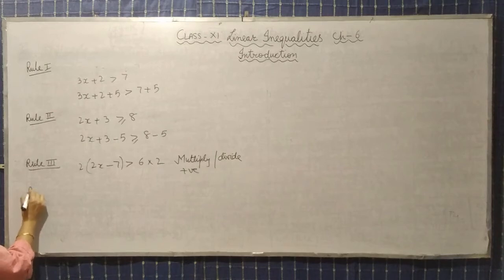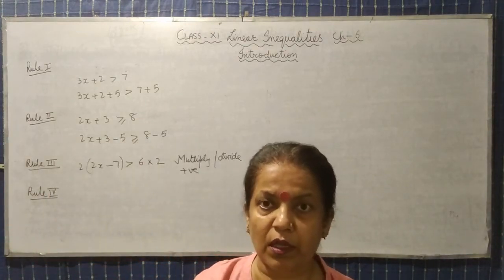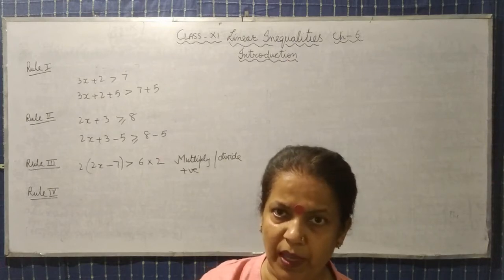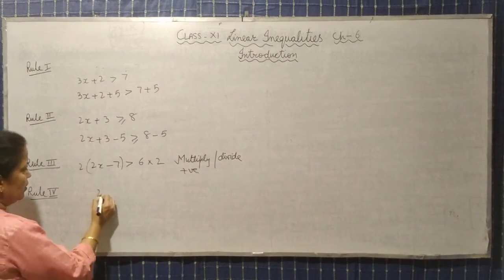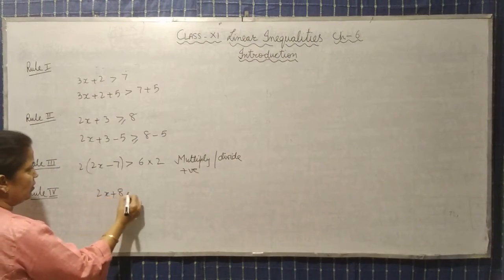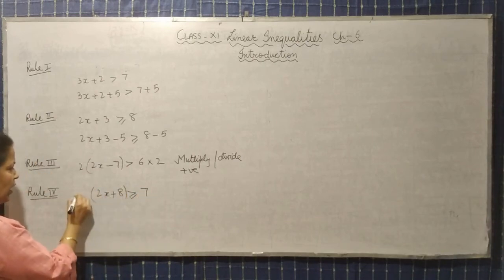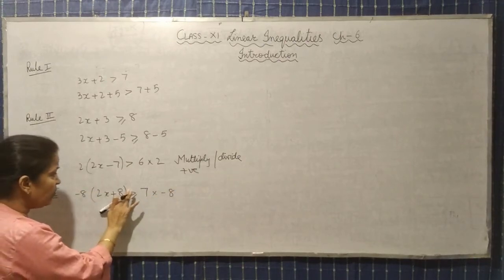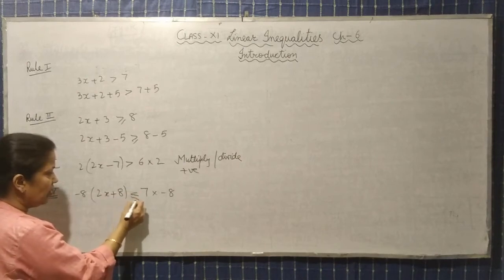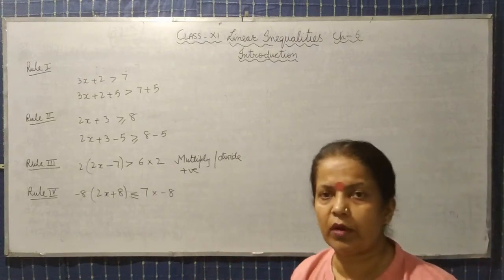But if we multiply or divide both sides of a linear inequality with a negative number, suppose that this is the number, and we multiply with the negative, then the sign will change. If it is greater, it will become less, and if it is less, it will become greater.